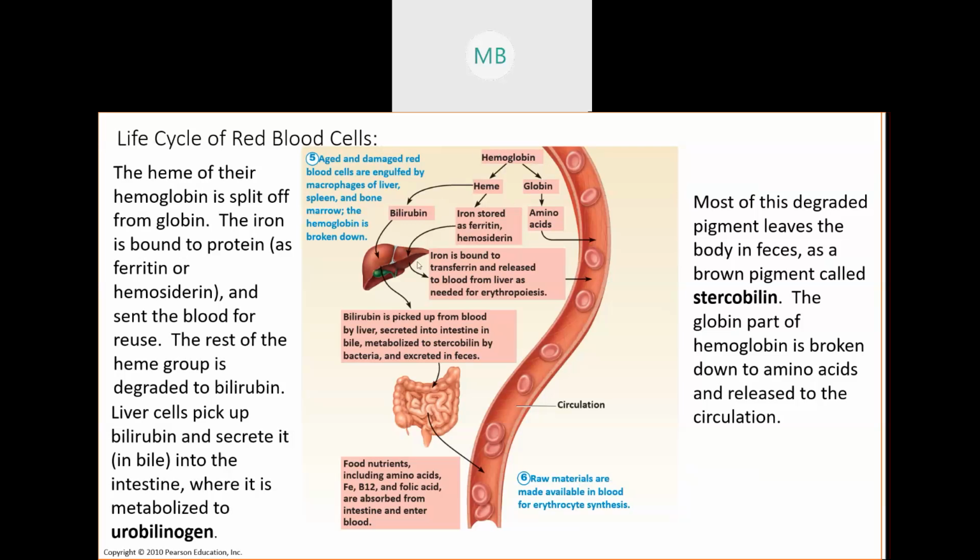After those 120 days, when that red blood cell is old and can't do its job anymore to carry around the oxygen in your body, it may be damaged from having bumped into too many bad things in you, like a piece of cholesterol in your artery, something like that.